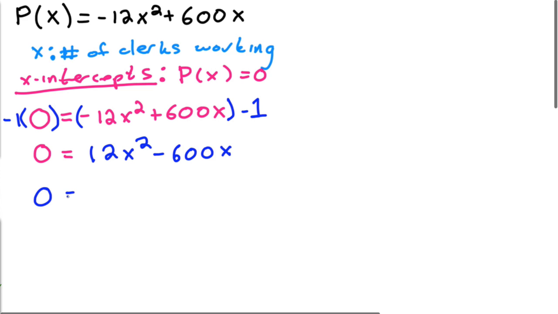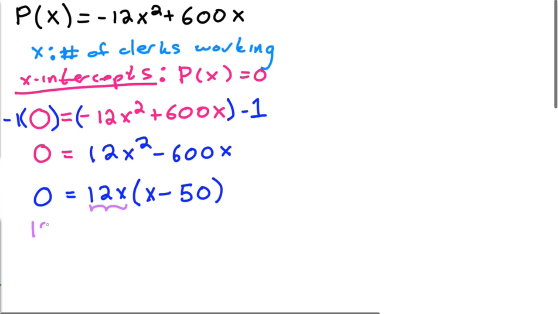Now if we factor it, we can factor out a 12x, that's the greatest common factor, leaving us with x minus, and then 600 divided by 12, that's 50. This will give us our two x-intercepts using the zero factor property.